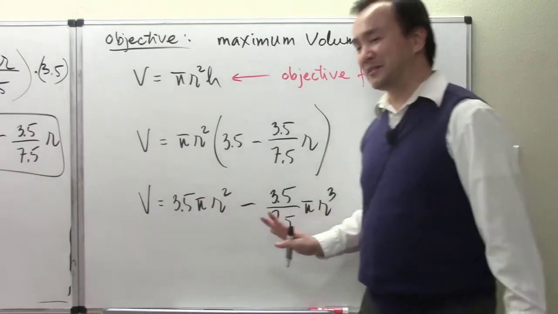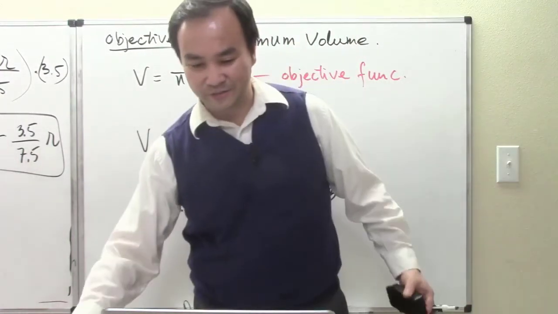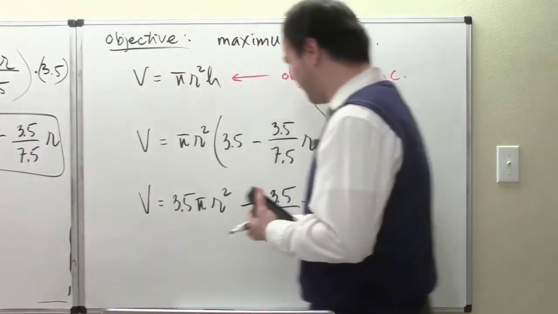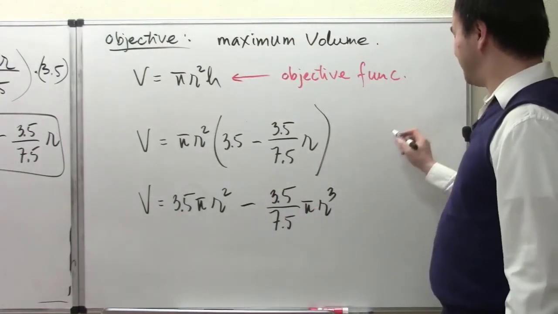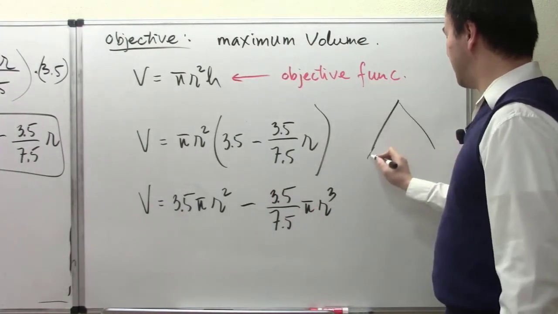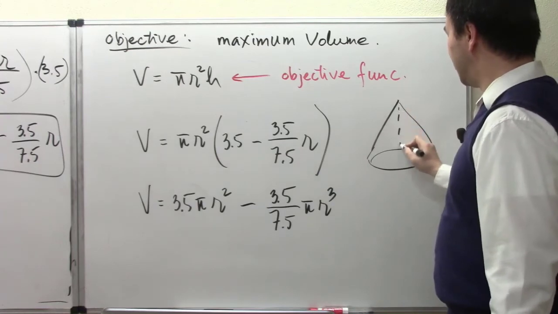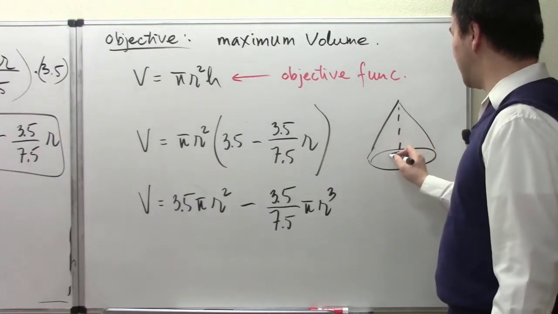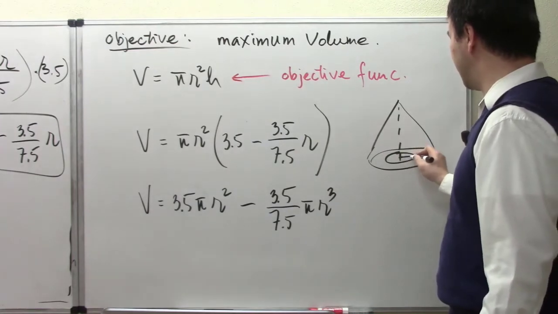I regret a little bit that I erased that picture I drew earlier on this board, but it's okay. We can quickly reconstruct one. In our cone, r can be adjusted because r is from the center out to here.